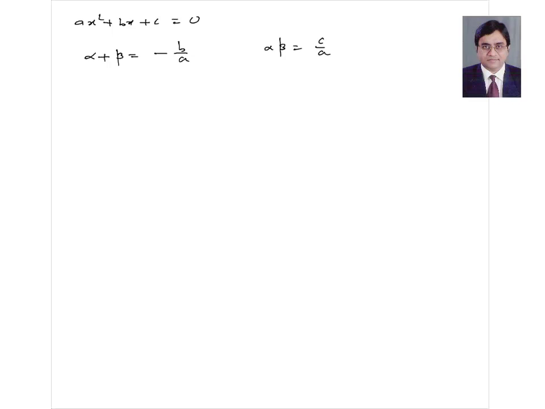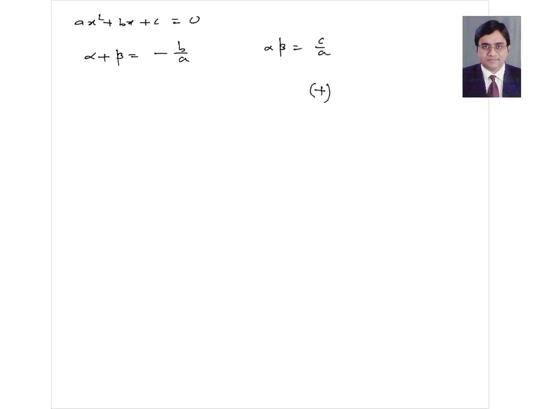You know these results. Now you can get some idea about the signs of alpha and beta. If product of two numbers, you will find c by a. Suppose c by a comes out to be positive. If product of two numbers is positive, then you can say something about those two numbers.